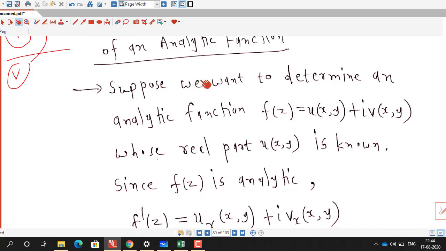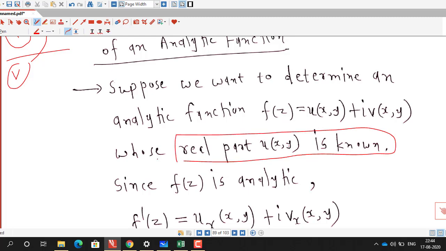Suppose we want to determine an analytic function f(z) = u + iv whose real part is known and imaginary part is not known to us. We know only the real part of f(z), but it is given that f(z) is an analytic function.